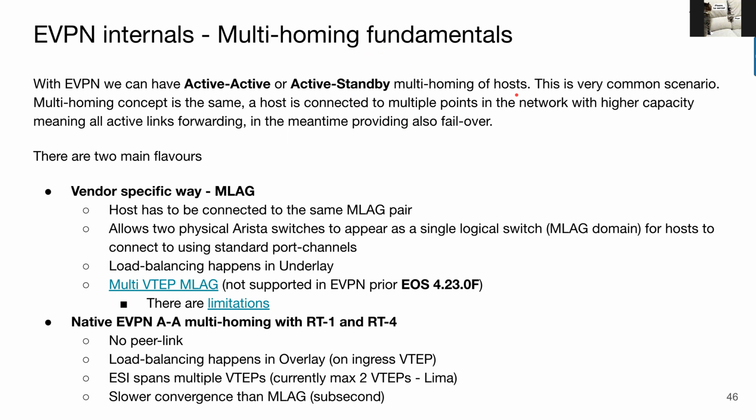But it's very similar to our MLAG idea, where you have at least 2 devices forming one logical customer edge device, which gives us higher capacity for all active links forwarding or for failover.